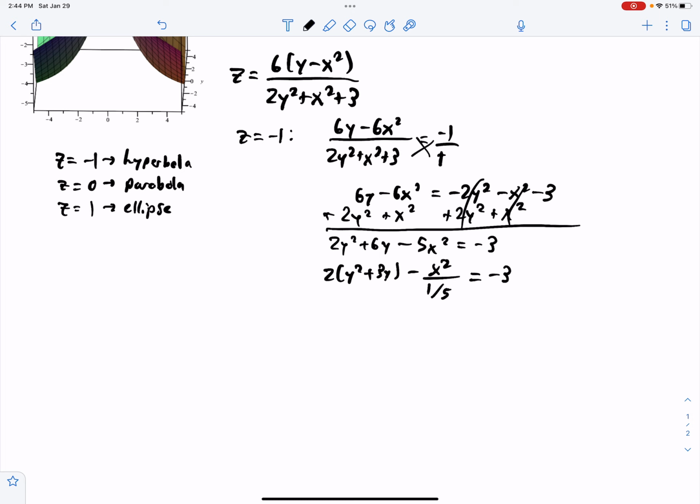All right, by completing the square, we'll get 2 times y squared plus 3y. We're going to have to add the coefficient of y's half squared. 3 halves quantity squared is 9/4.